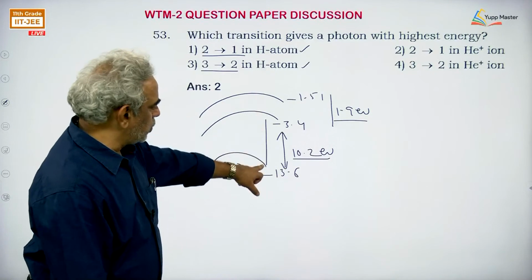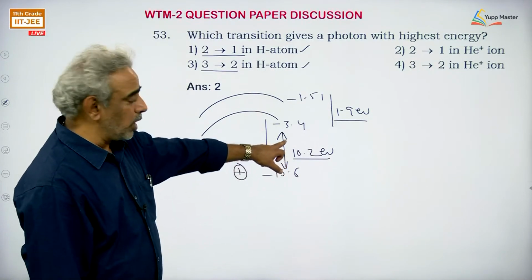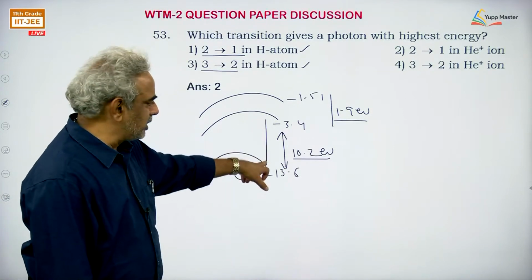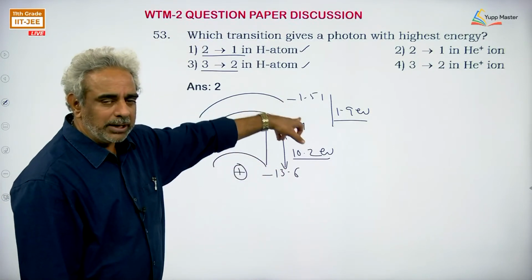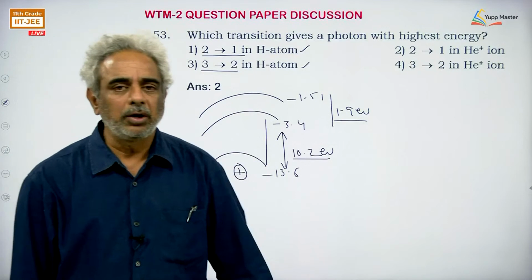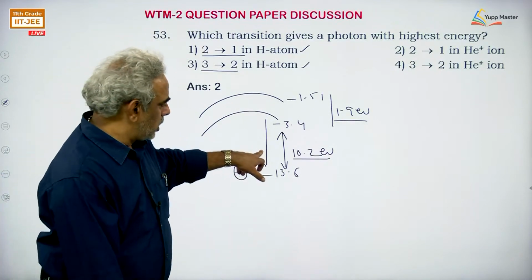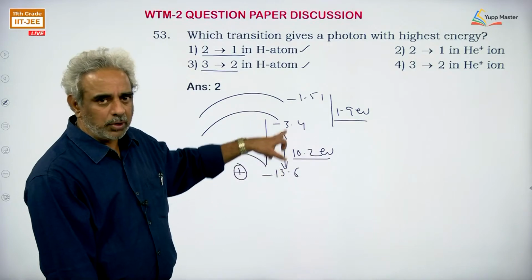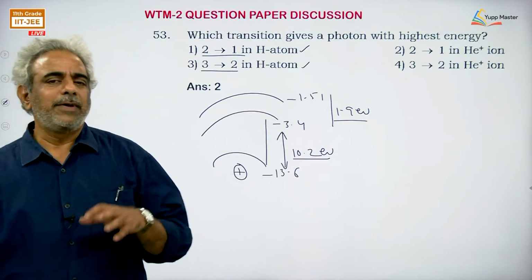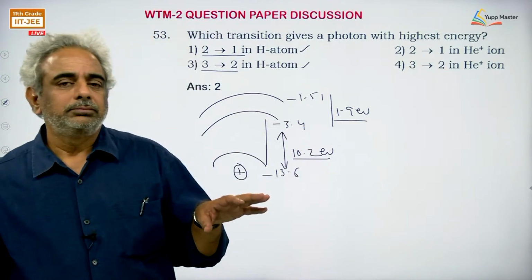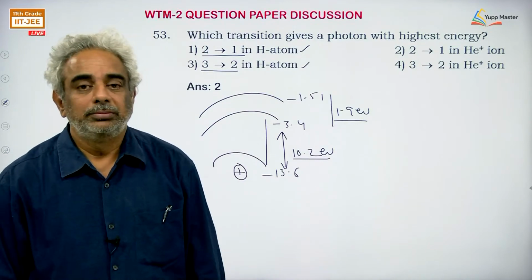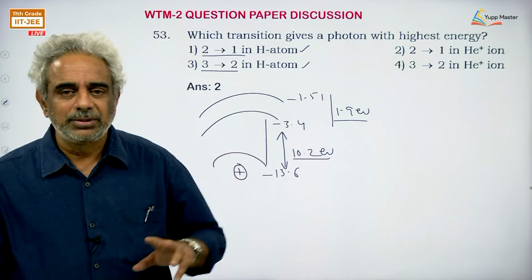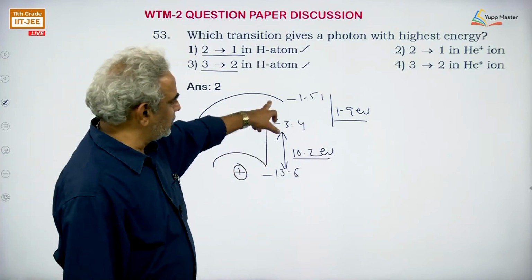So always the 2 to 1 transition gives a higher energy photon. And we know this gives an ultraviolet photon, and that gives a visible photon. We have calculated. This is the Lyman series, and this is the Balmer series. So always 2 to 1 is better than 3 to 2 in energy. Be careful, if wavelength is asked, the reverse. This wavelength will be less, this wavelength will be more.